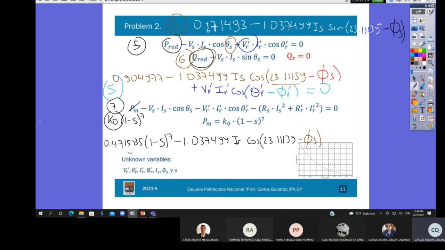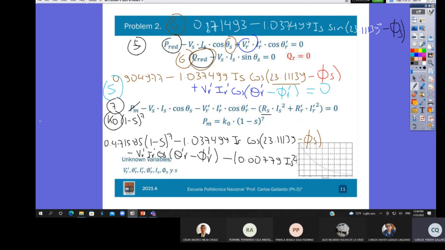Minus the rotor voltage times the rotor current, times cosine of theta. Once again, I need to include the angle of the current because I have power. Minus the stator resistance, 0.00779, times the stator current squared; this is the active power losses.